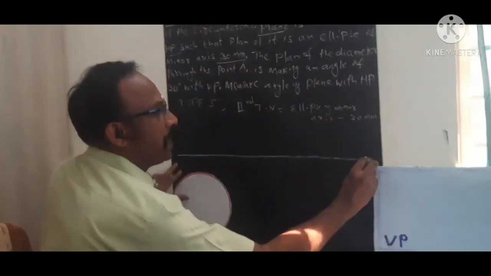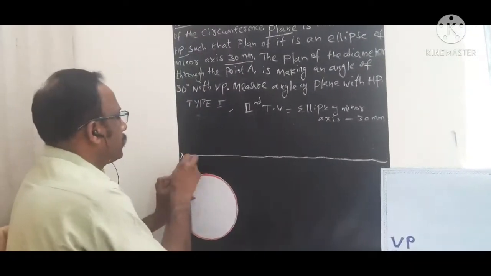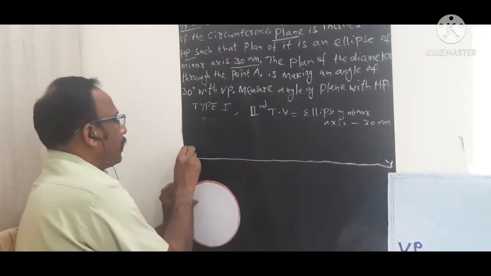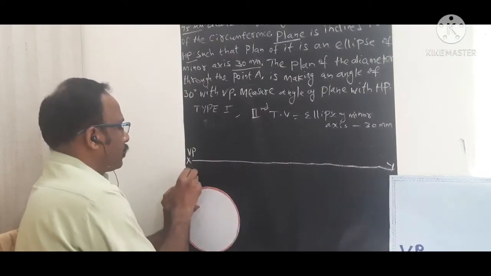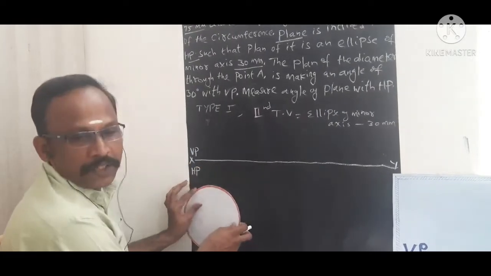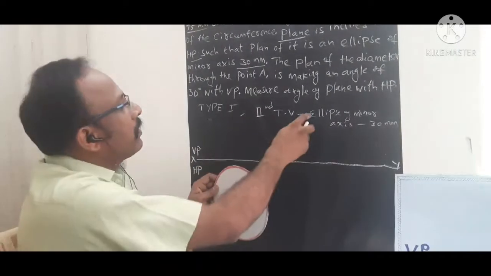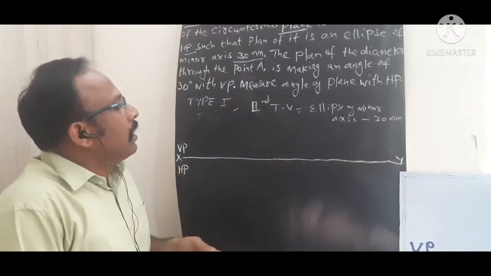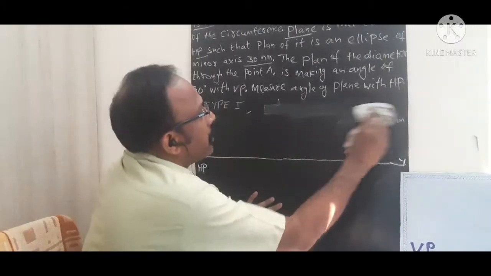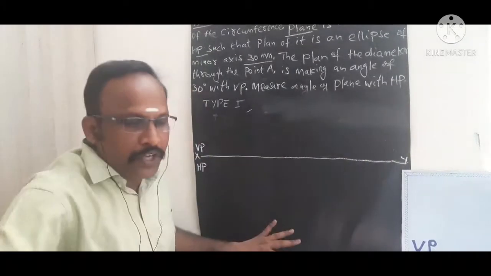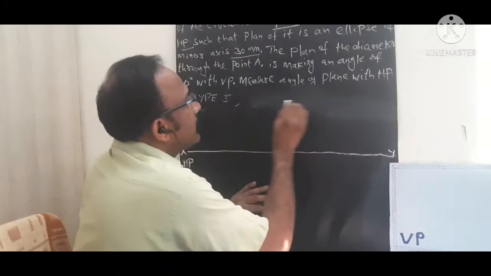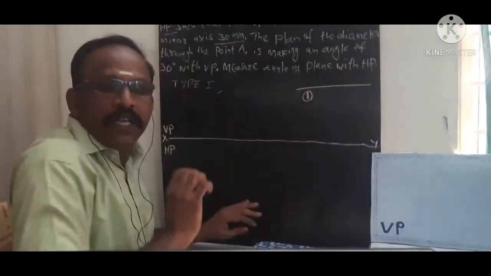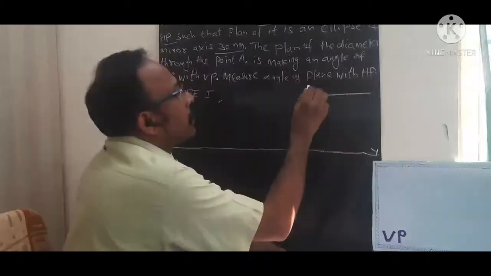You can use a 2H pencil for this purpose, and above XY we mark VP, below XY we mark HP. Now this is a type 1 problem, so we need to use these steps. Already I told that for a type 1 problem we need to follow some steps for your understanding. First we need to draw the first front view, then the first top view.